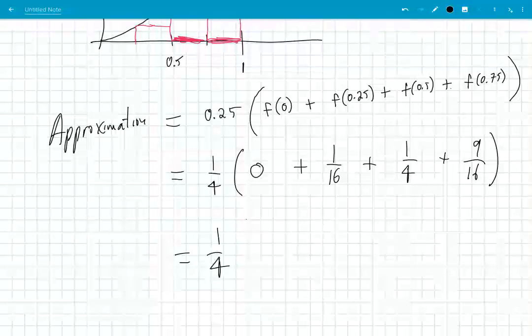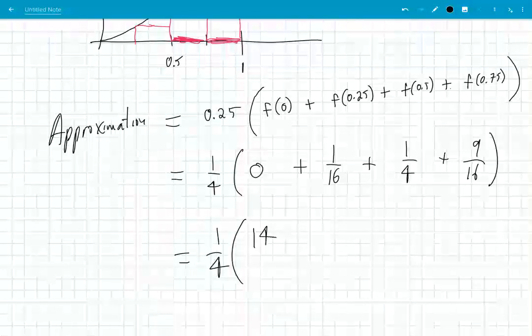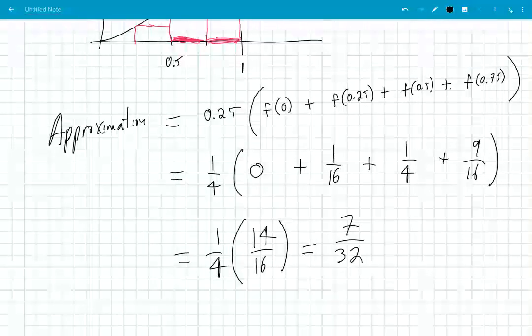Equals a quarter times 1 plus 4 plus 9, which is 14 over 16, which is 7 over 32. And if I'm not mistaken, that is correct. Yes, there we go.